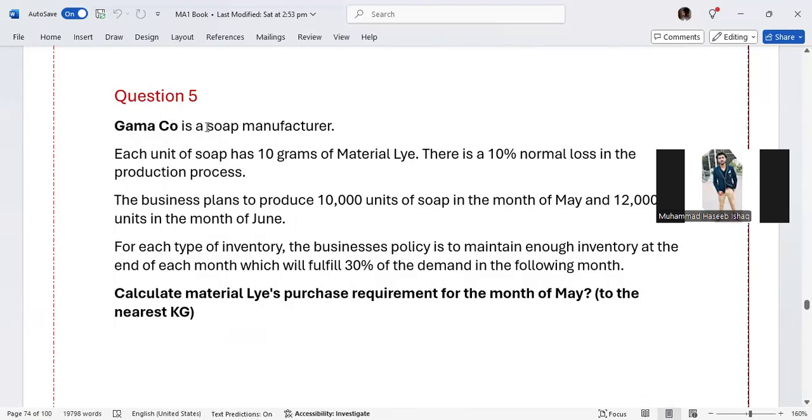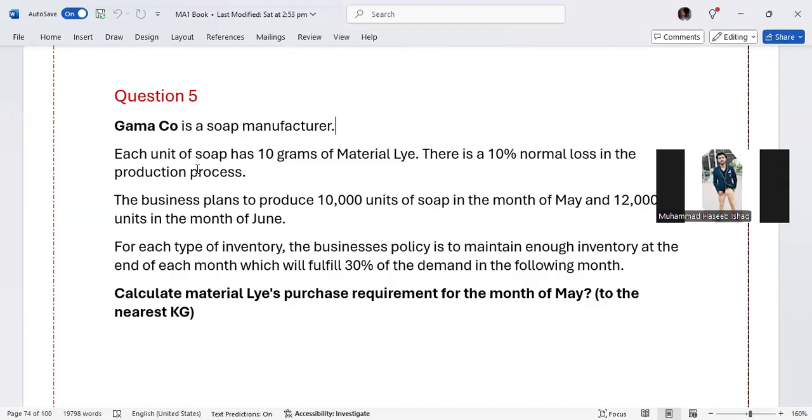Gamma Co. is a soap manufacturer. Of course, when a business is producing soaps, the business will be using process costing. Why? Because soap production is in large volumes of quantity, so the first criterion of process costing is met. The second criterion was that the units are not separately identifiable throughout production. When soap is being produced, you cannot identify each unit of the soap separately until the production has ended.